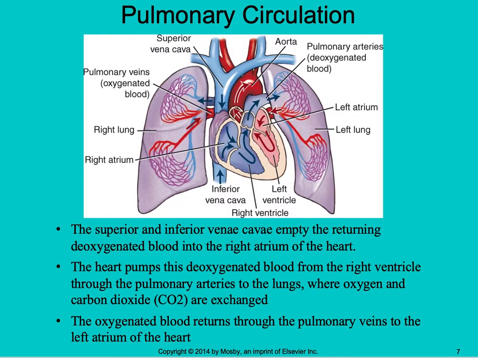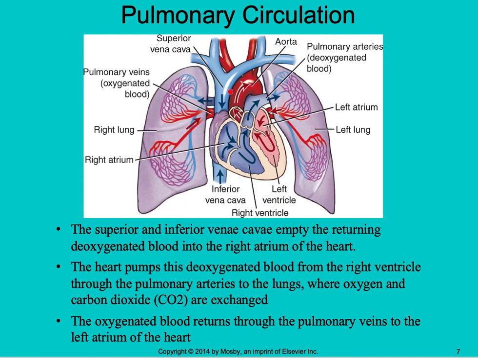So your pulmonary circulation, and I can't stress this enough, you will have to know the flow of the blood through the heart. So start drawing it, start writing it, whatever you have to do. The superior and inferior vena cava empty the returning deoxygenated blood into the right atrium.